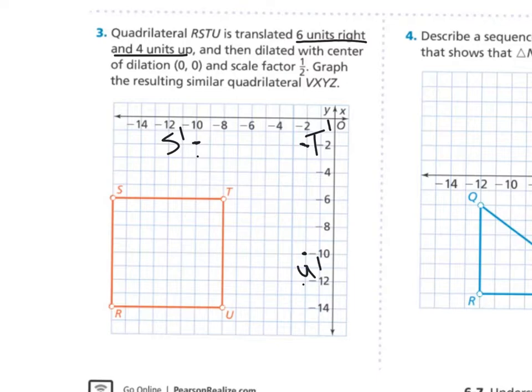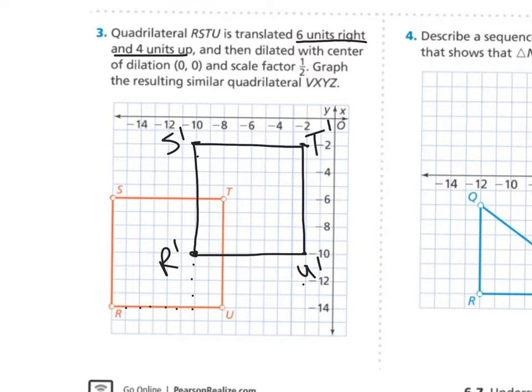We're just moving the points, so it should stay the same size that it was before. Alright, so if we do both of our translations, we should be at this point, if I did that correctly.